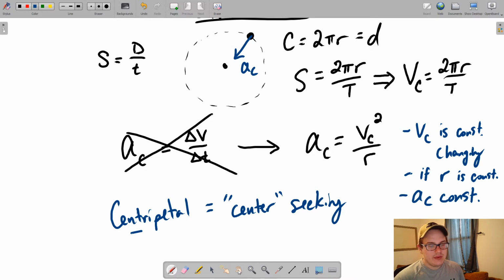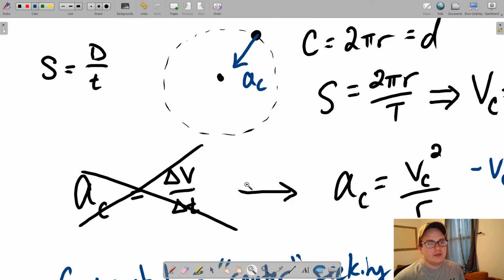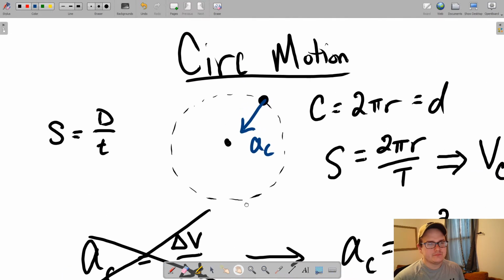So let's zoom in just a little bit closer up here and really unpack that. If I were to look at this object's velocity at this given point, it is going in this direction. It is tangential. So its centripetal velocity is tangential. Acceleration is always going inwards.